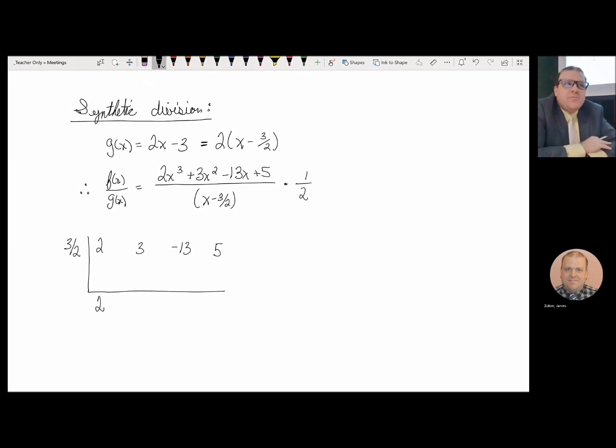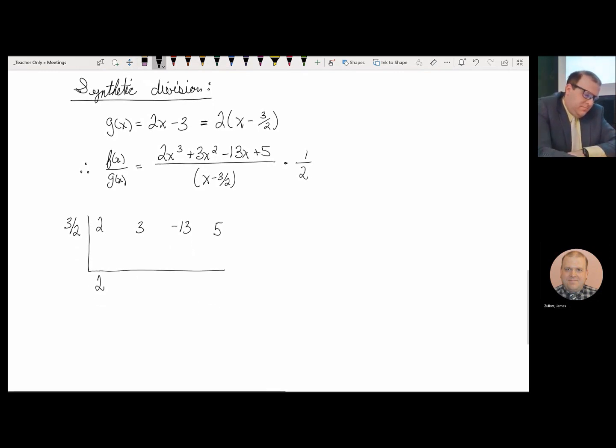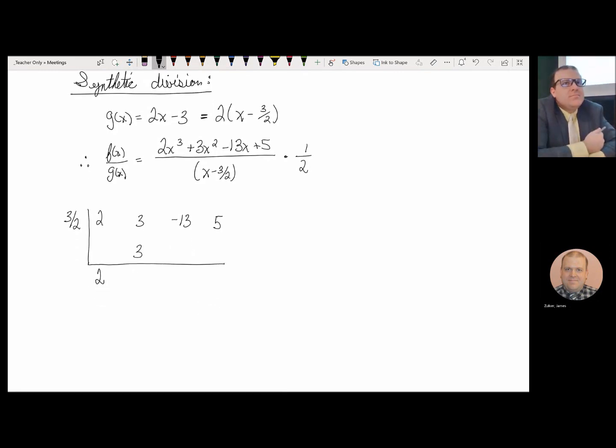First term drops down. Now multiply by a. So 2 times 3 halves. Add them. So 3 plus 3.